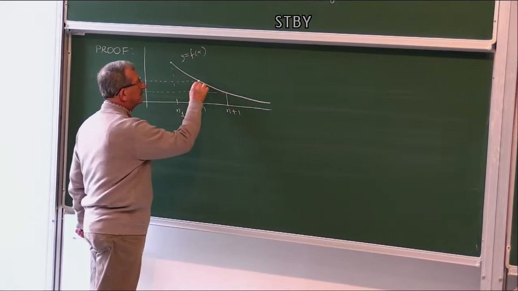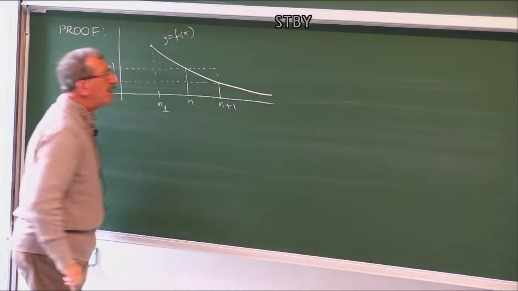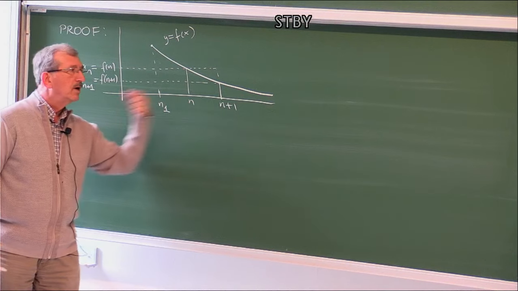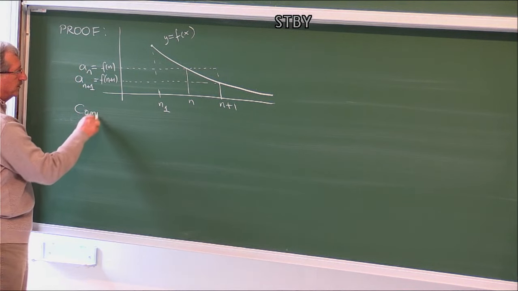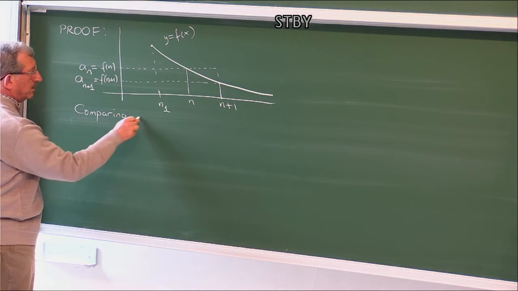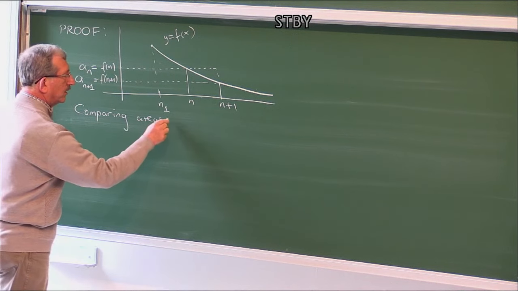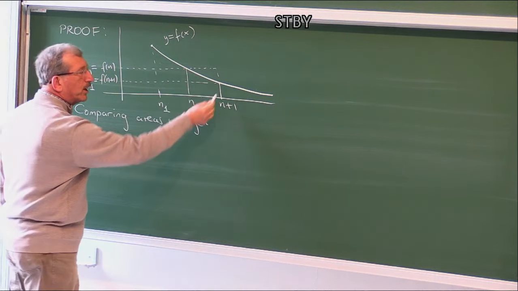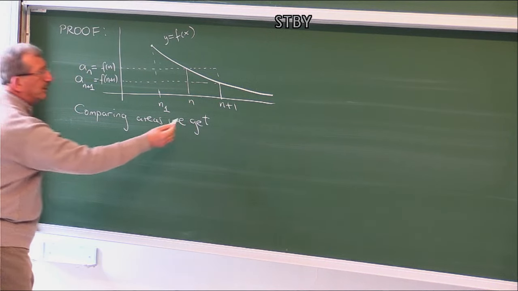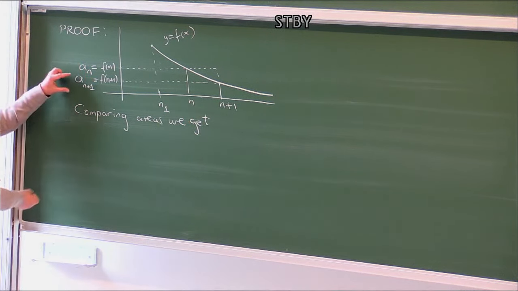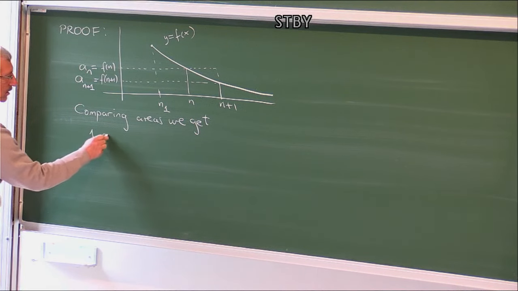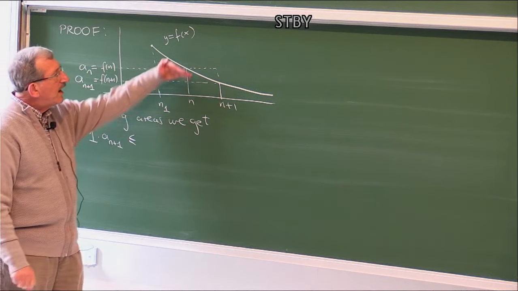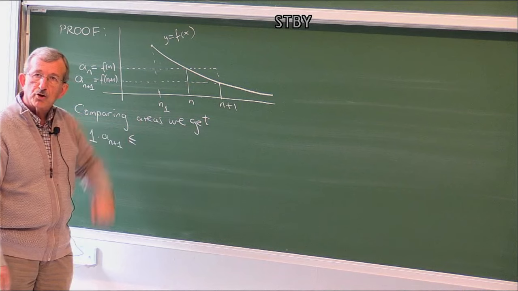Now, the idea is to compare the areas that we see between n and n plus 1. Comparing areas, well, the area of the lower rectangle is certainly 1 at the base, and the height is a n plus 1. That would be smaller than the area below the function curve.